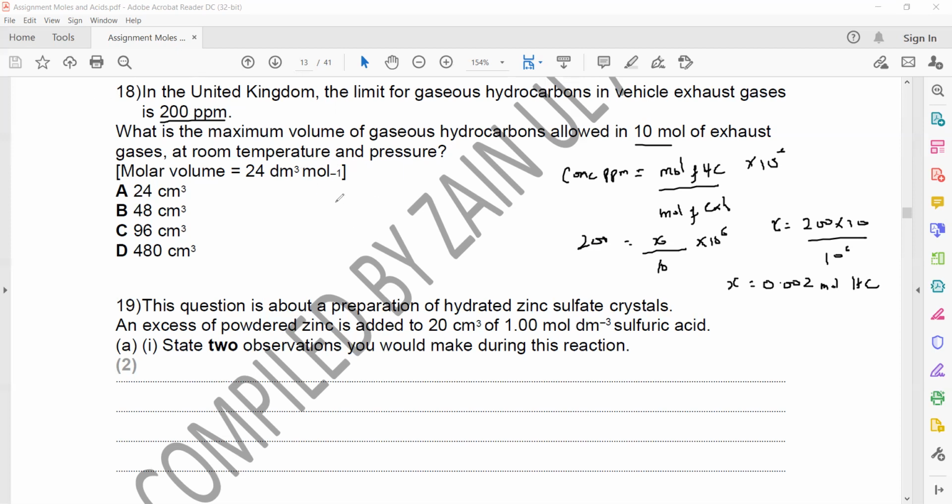So we know volume in dm cube is equal to moles multiplied by molar volume. So moles are 0.002 multiplied by molar volume 24. So we multiply by 24, that will give us 0.048 dm cube. But we have to convert dm cube into cm cube, so we multiply by 1000. So it will be 48 cm cube. So B will be the right answer for this.